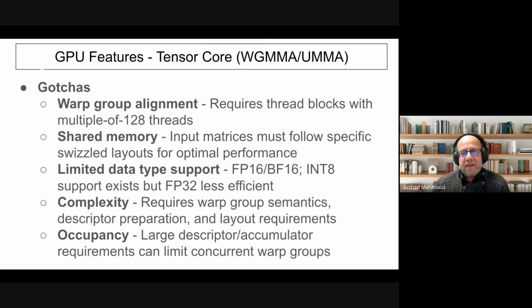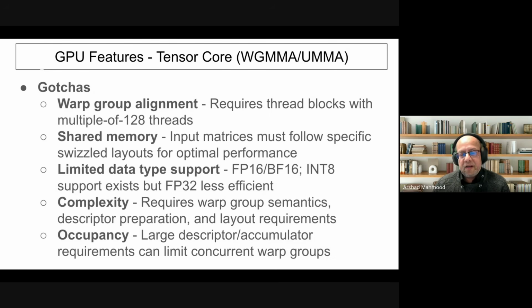Now, there are quite a lot of niggly bits in here about alignment and the memory layout in shared memory. There's only limited data type support, so not every single data type you're interested in would support this. All the popular ones do, like BF16, FP16 and INT8, but some of them are either just emulated or not supported at all.